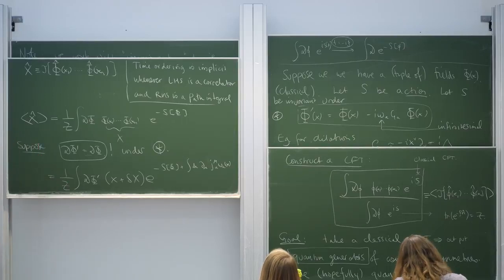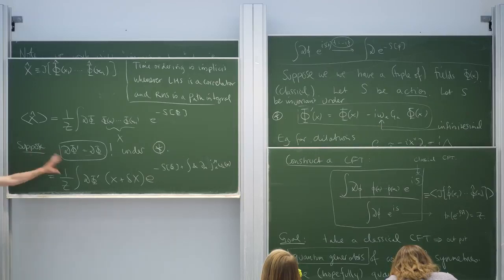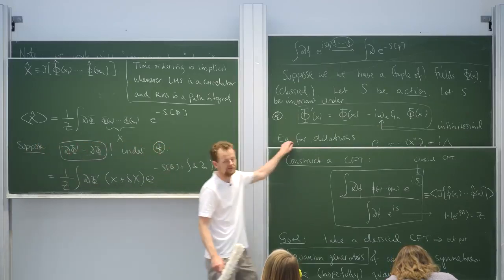So the path integral is really a lovely way of actually guessing quantum theories with a bunch of symmetries that match or are analogous to their classical counterparts. And I don't really know as nice a way to do this in any other way of guessing quantum theories.